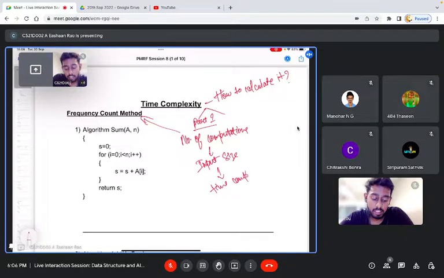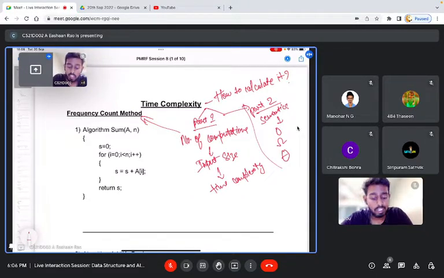In part 2 we will go into the semantics of time complexity, that is big O, omega, then theta. That will happen in the next session.